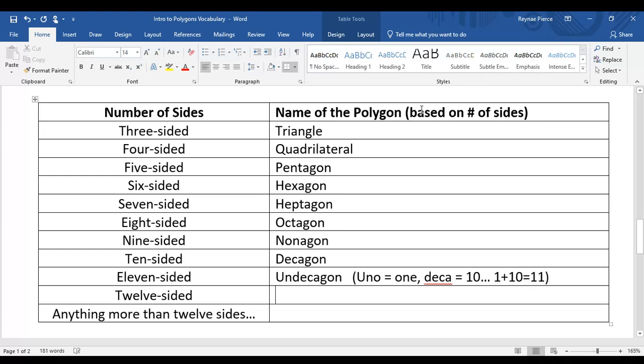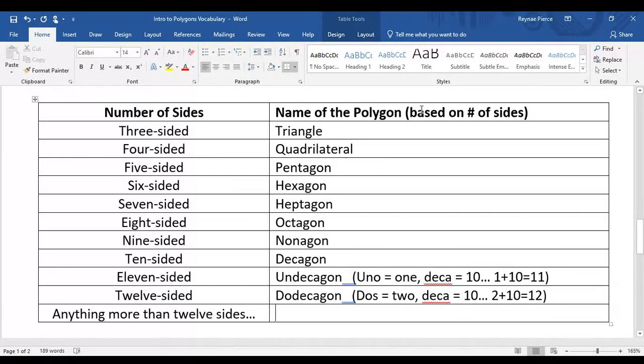Okay, that's just a little trick. 12-sided is called a dodecagon. Okay, and similar to the 11-sided polygon, dos in Spanish means 2. Again, deca meaning 10. So 2 and 10 together are 12.